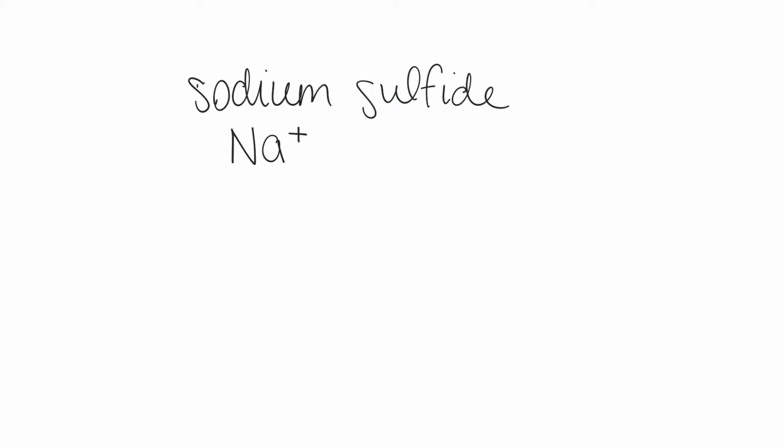Sulfide is sulfur and its symbol is S and it's got a charge of 2, negative. So in order to get my charges to balance and equal 0, I've got 2 negatives and only 1 positive, so I'm going to need another positive to get this to balance. So I'm going to need 2 sodiums for every 1 sulfur.